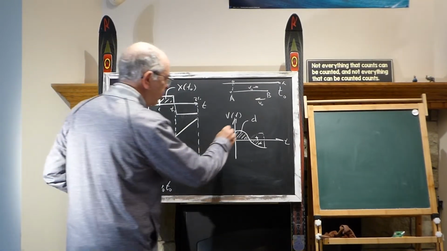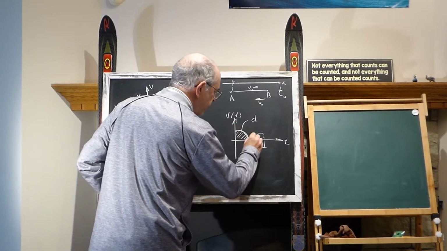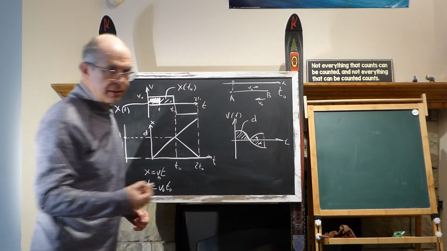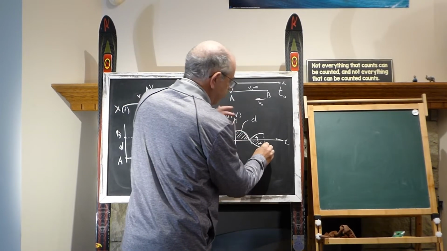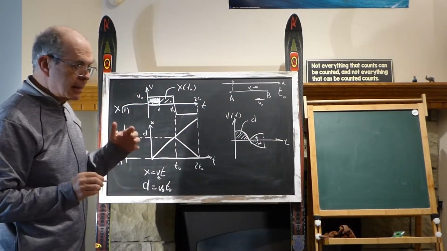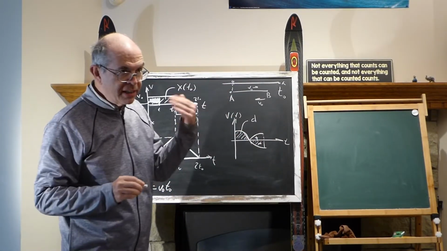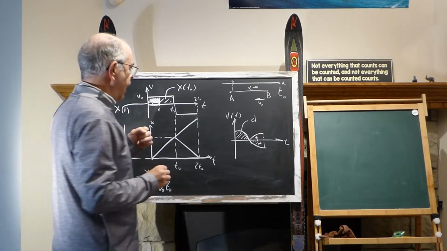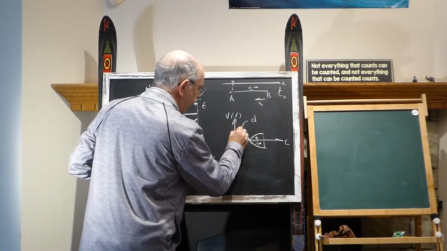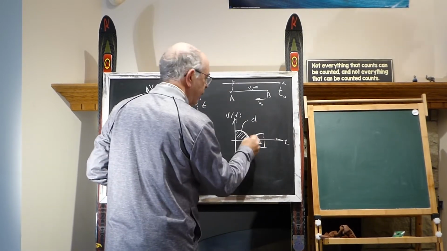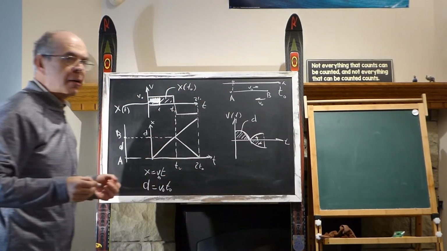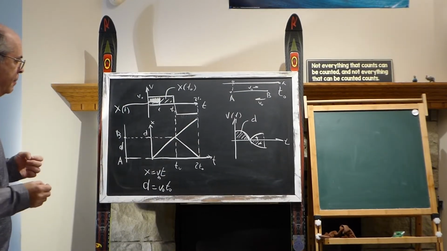And then we calculate the area under this graph, and this becomes the distance. So the area under the real graph becomes x or displacement, and the area under the positive, mirrored graph, the absolute value, becomes the distance.